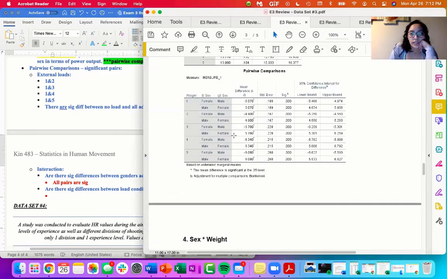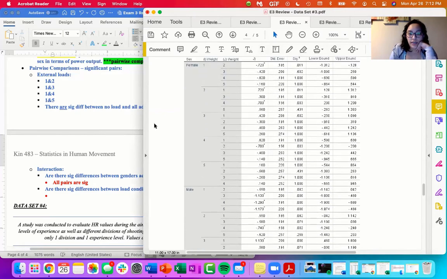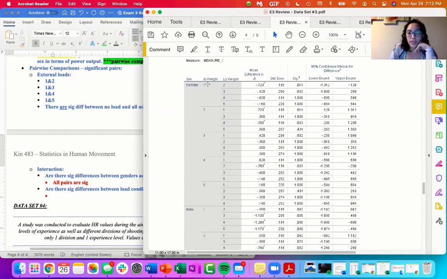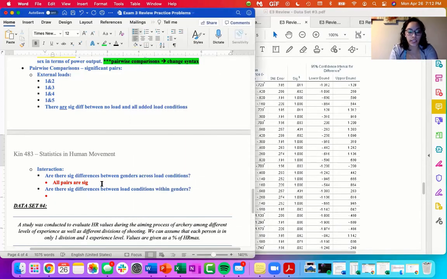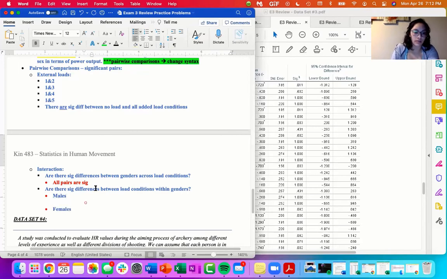Okay. Then we can look at the other pairwise comparisons for the interaction. Again, this one is now going to be looking at the differences between load conditions within a given sex or gender. The way that I like to organize these is in a bullet list. So let's look at our male comparisons and female comparisons, and then underneath those, you can list your pairs.